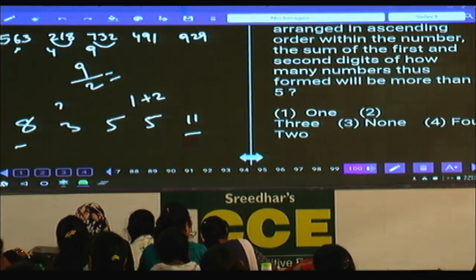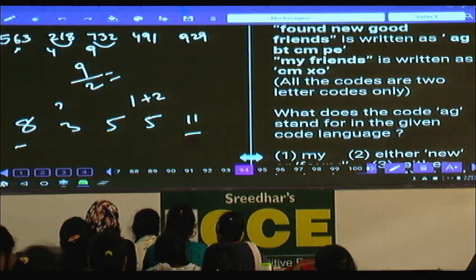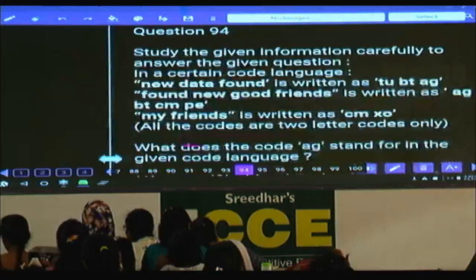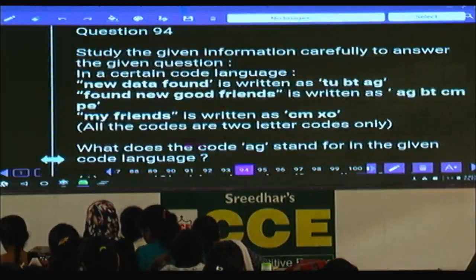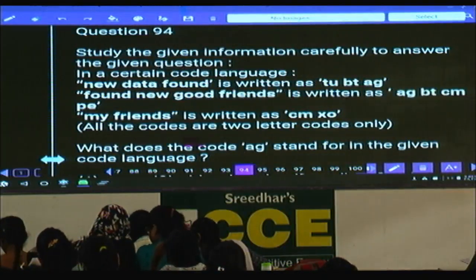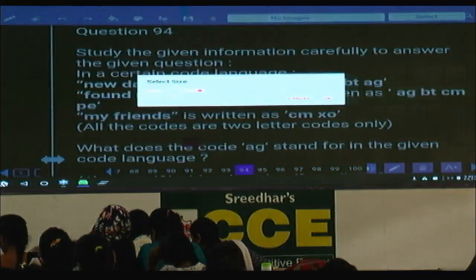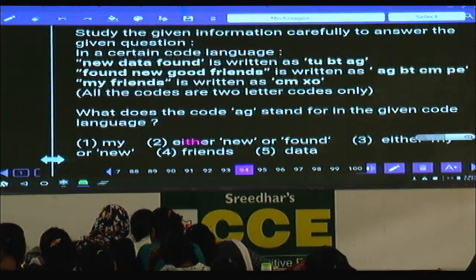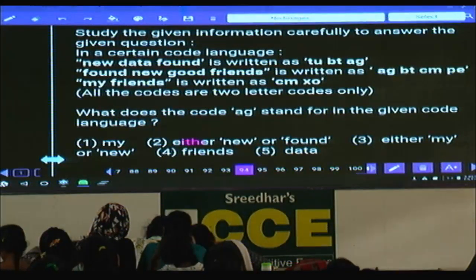Now 94 and 95. Some 2 more minutes were left over in this. Now tell me, are we able to work this out or not? Yes. Then what does the code AG stand for? New and found, isn't it?